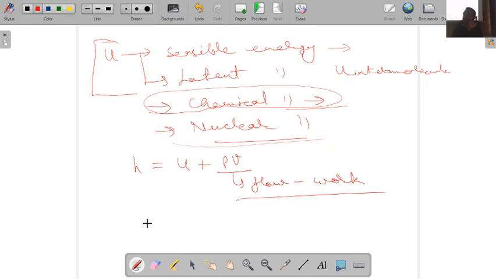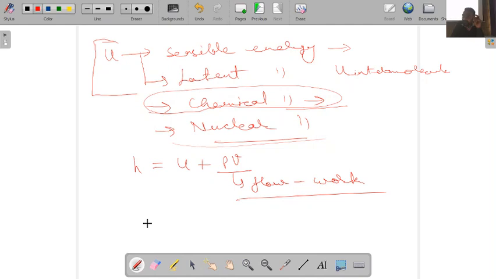If you have to locate a state of a system on a property table, how many properties are needed? Say you have to find the internal energy and enthalpy of air on a property table, and you are considering air to be an ideal gas.